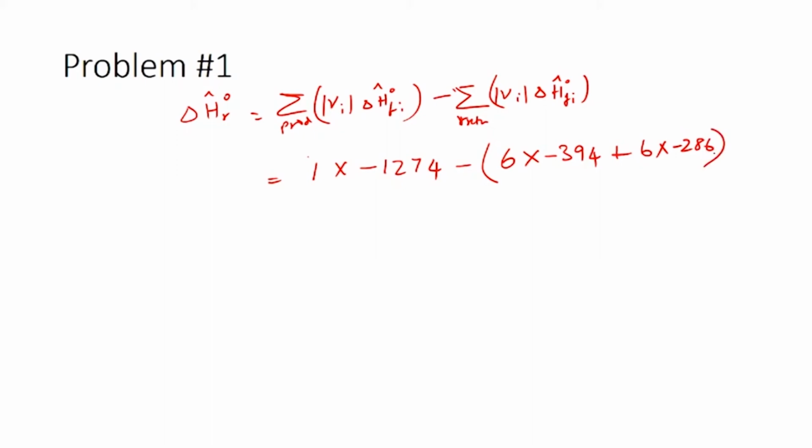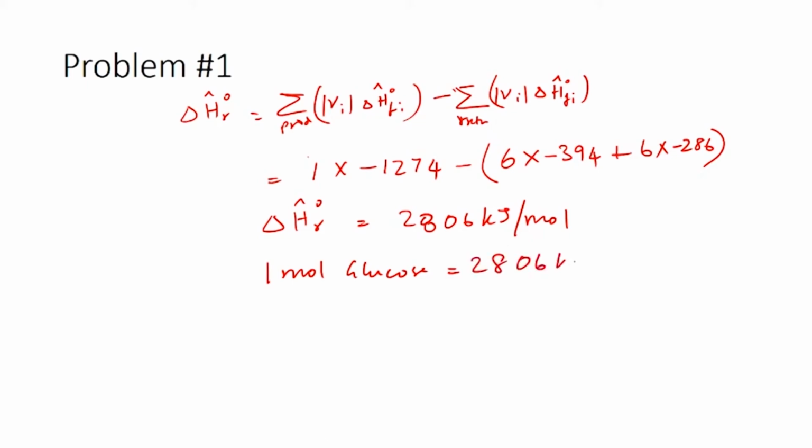So, using this we can calculate the heat of reaction as 2806 kilojoules per mole. While 1 mole of glucose is produced, the total change in enthalpy for this process would be 2806 kilojoules.